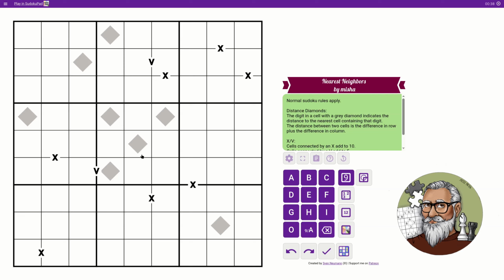But this one can't be 2, right? Can't be 2 because it will stay either in the same box or in the same column or row. But besides that, are there any restrictions? Are there any restrictions?